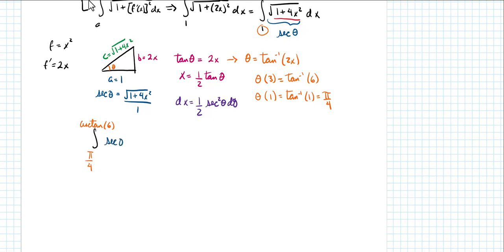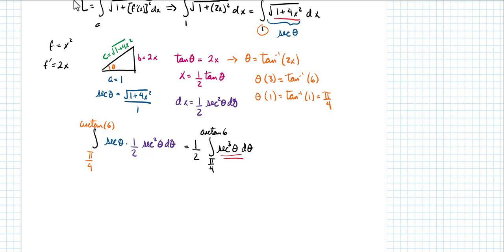So we put secant theta times dx, which we saw was 1/2 times the secant squared of theta d theta. This simplifies as 1/2 times the integral from pi over 4 to the arctan of 6 of secant cubed theta d theta. Oh, well, look at that. It's the integral that we did in class.